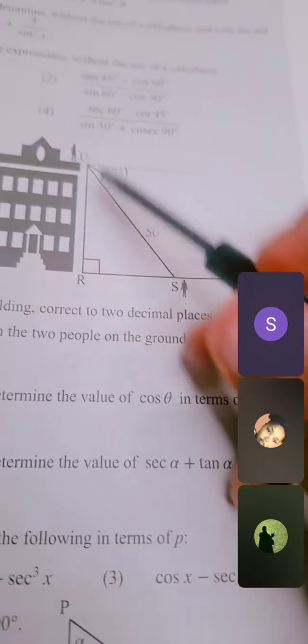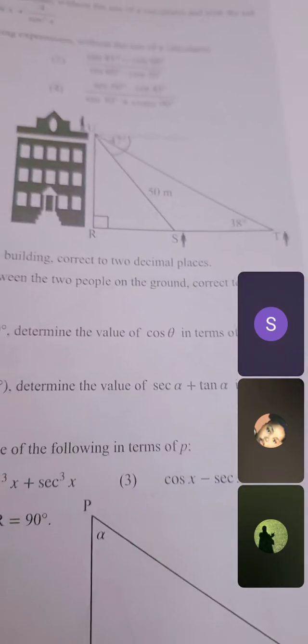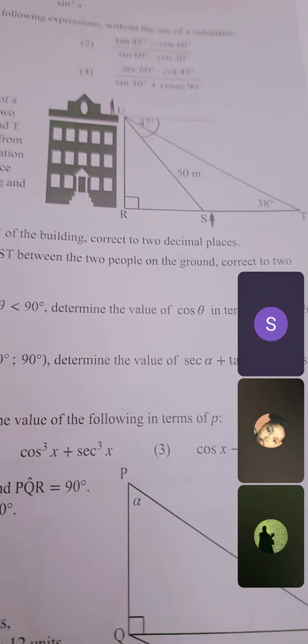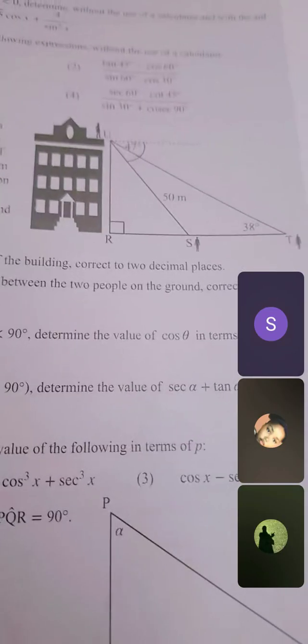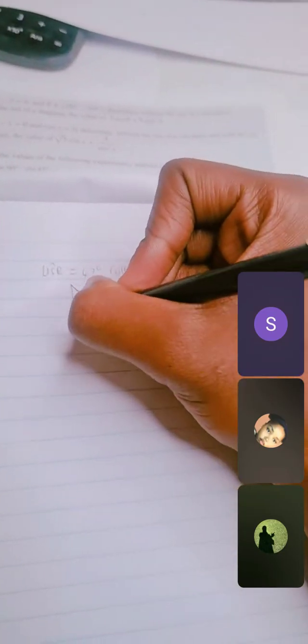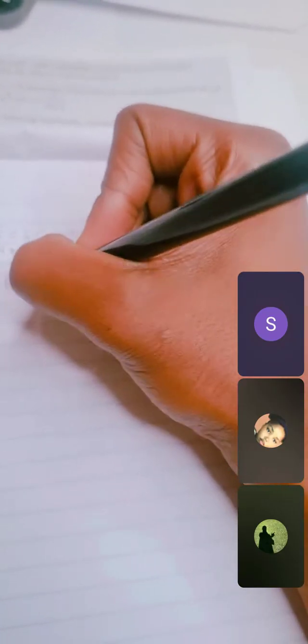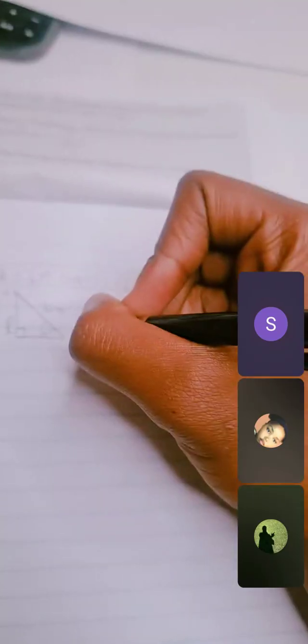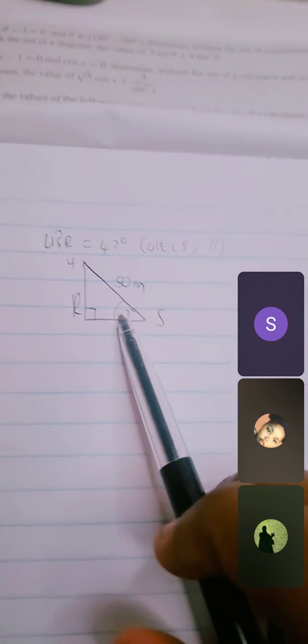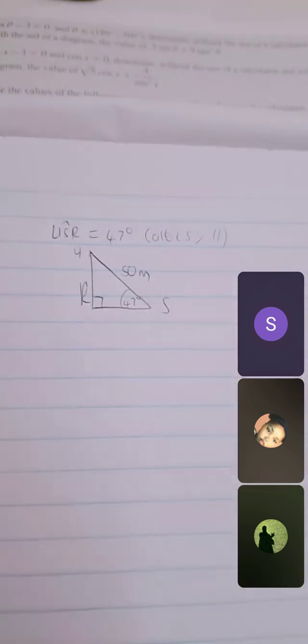Now I'm sure you can find the distance of UR, which is the height. Surely, ne? We can do so. Yeah, because we have UR here, we have 50, we have 47 degrees. So what are we going to use in order to find UR?